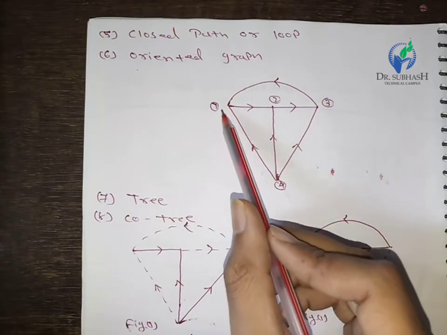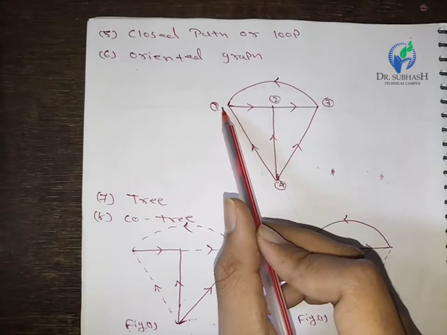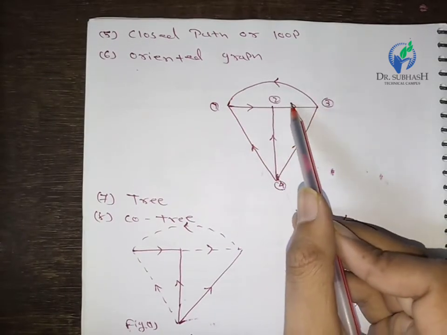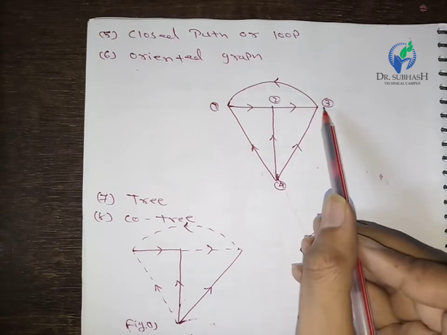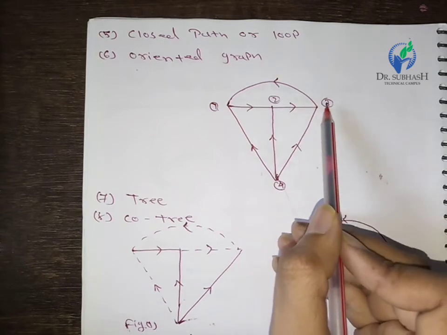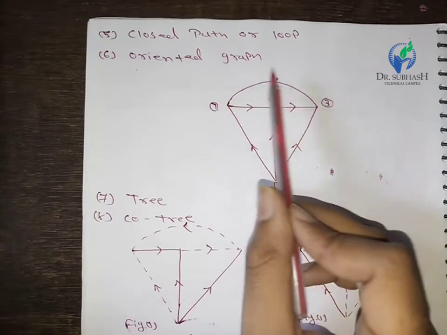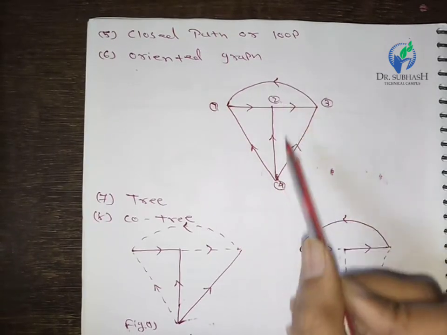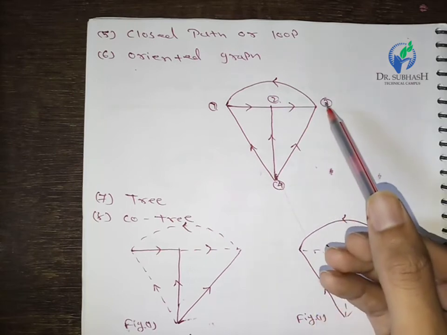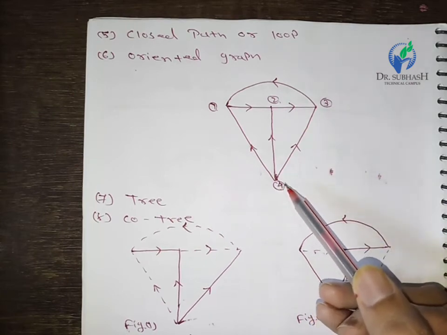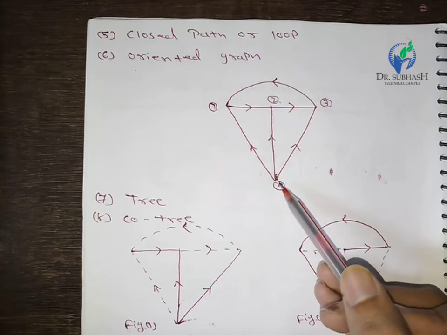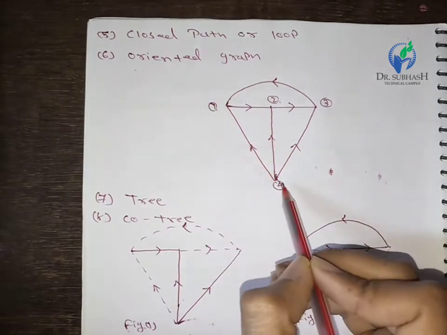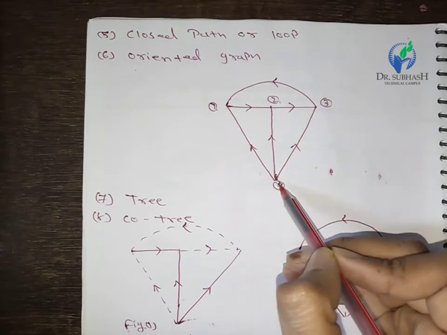Here the directions are 1 to 2, 2 to 3, and so on. The direction 3 to 1 is a return path. 1 to 4, 2 to 4 and 3 to 4 also have directions. And 4 to 1, 4 to 2 and 4 to 3 also have directions.